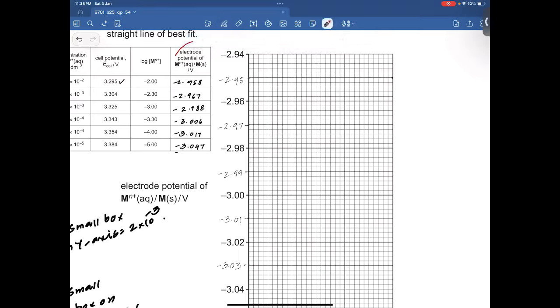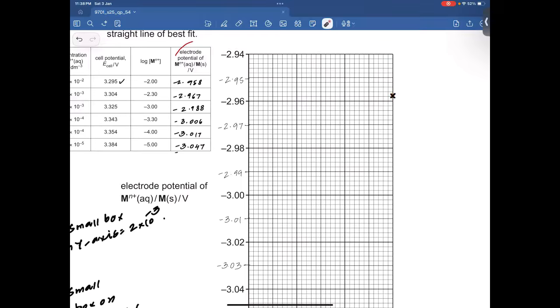So this is basically 2.952, 2.954, 6, and 8. So technically it has to be here. Okay. 2.952, 2.954, 2.956, 2.958. Okay.